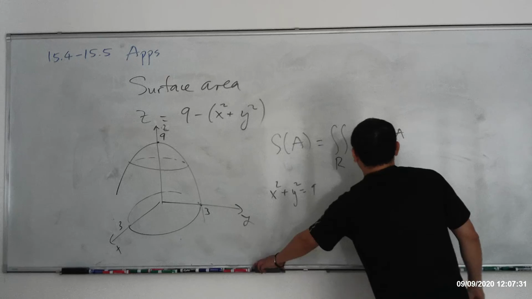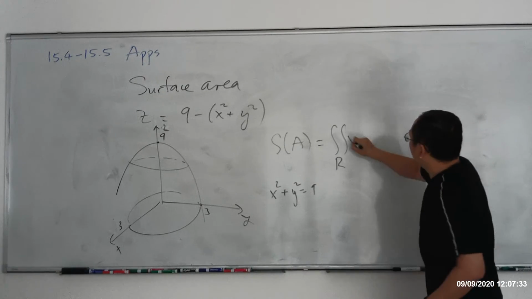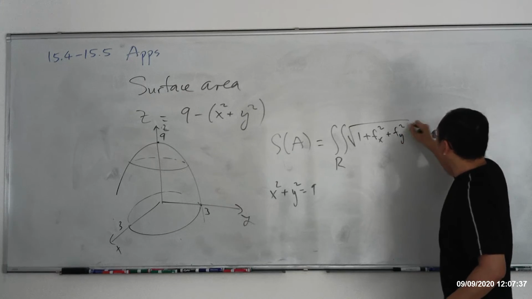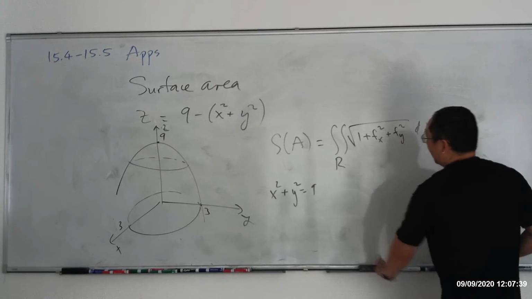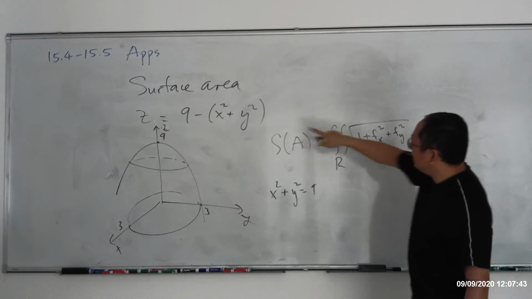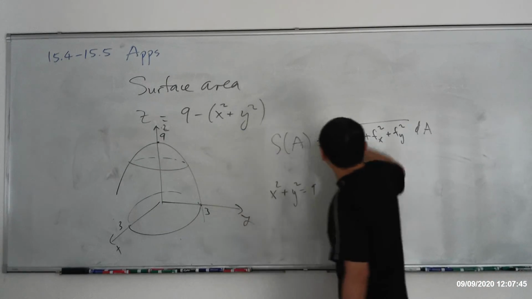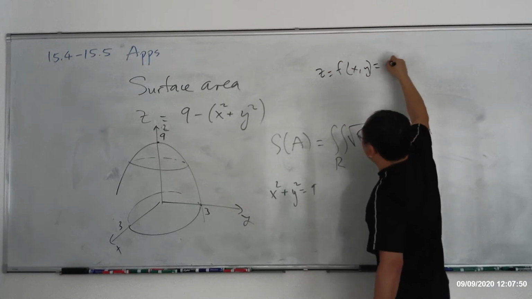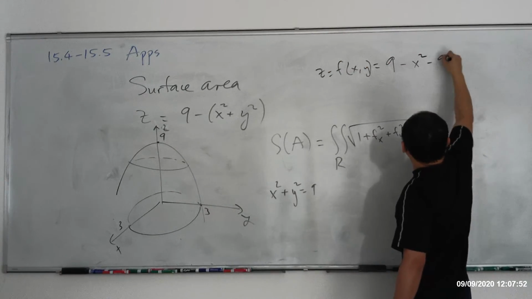Oh, not this one. I'm sorry. The double integral of the square root of 1 plus fx squared plus fy squared dA. That was the surface area one. Okay, so you have to calculate fx, fy, and this is your f(x,y). Z equal to f(x,y) equal to 9 minus x squared minus y squared.